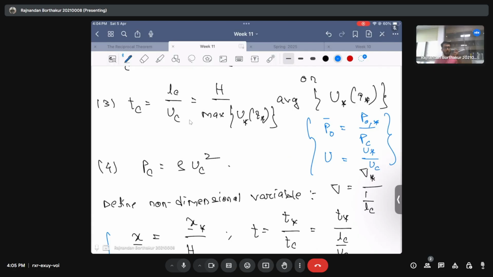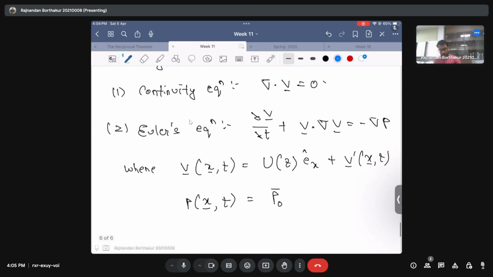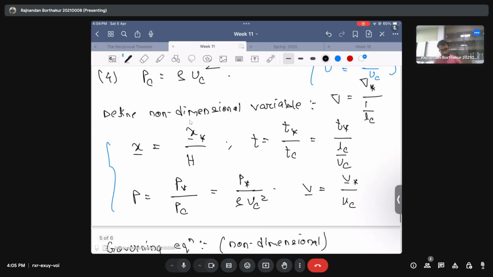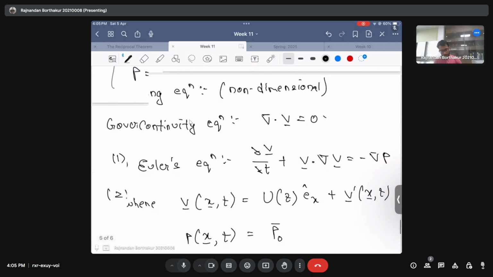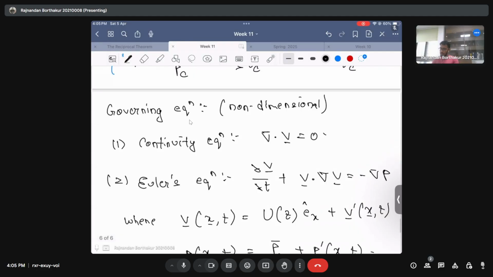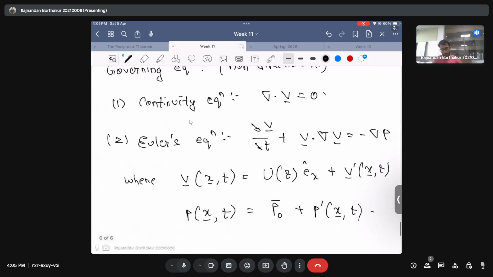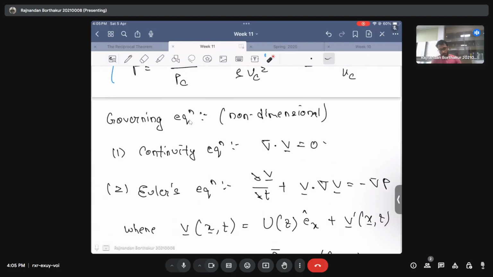Okay, so this is how we have also non-dimensionalized the base flow variable. Okay, and similarly, this is p naught bar plus the perturbations, which is p dash as a function of x and t.